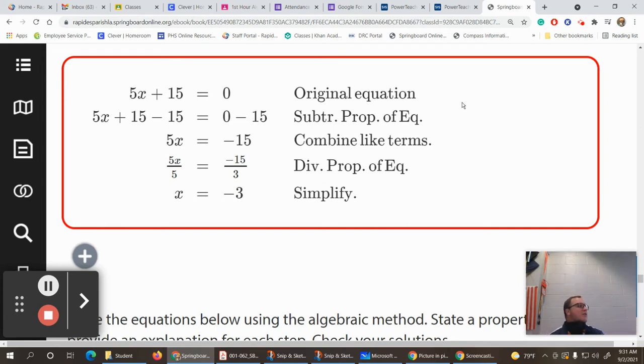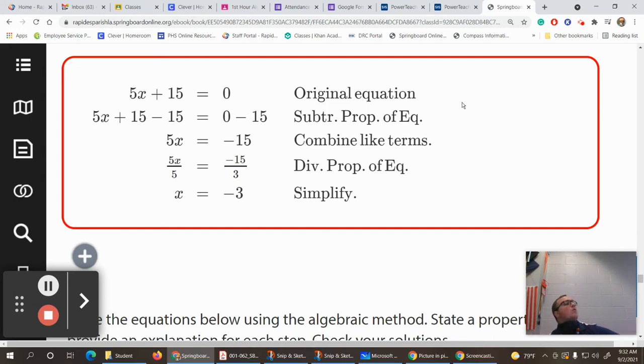When I use the addition or subtraction property of equality, the next step is always combine like terms. You're combining the constants.